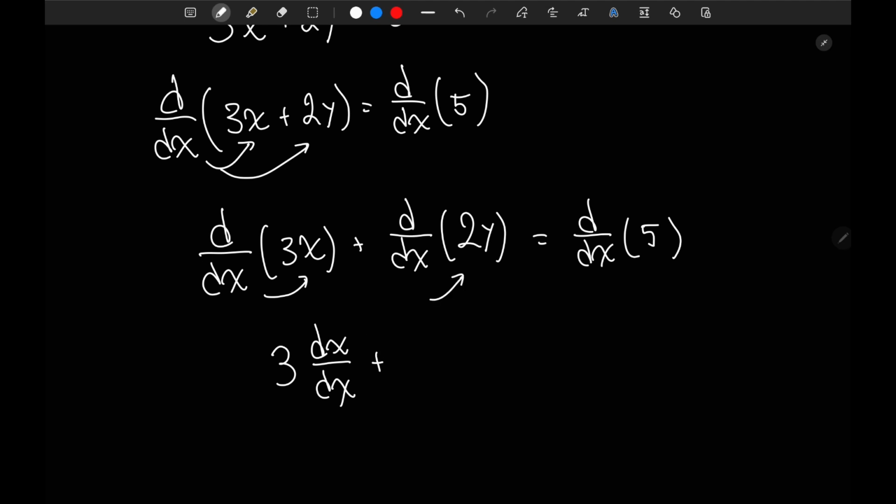Then here, the derivative of 2y, again we just use the power rule, but now we're looking at y. So we're going to be left with 2 dy dx, where we took the derivative of y with respect to x. And then on the right, the derivative of any constant is going to be 0.